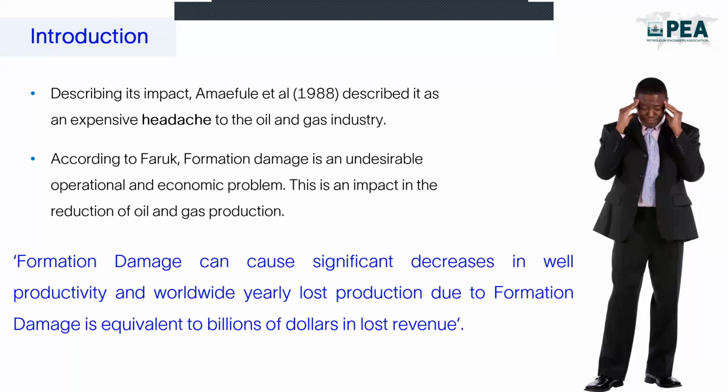This perspective underlines the direct impact of formation damage on the oil and gas industry. The decrease in reservoir permeability caused by formation damage can lead to significant losses in output, making it a critical issue for maintaining what we call the profitability and efficiency of the oil industry.